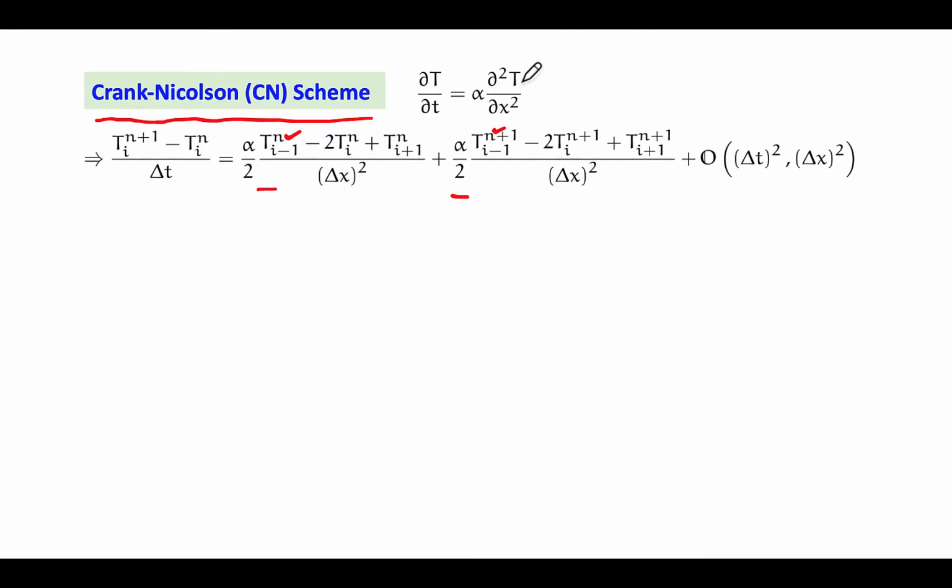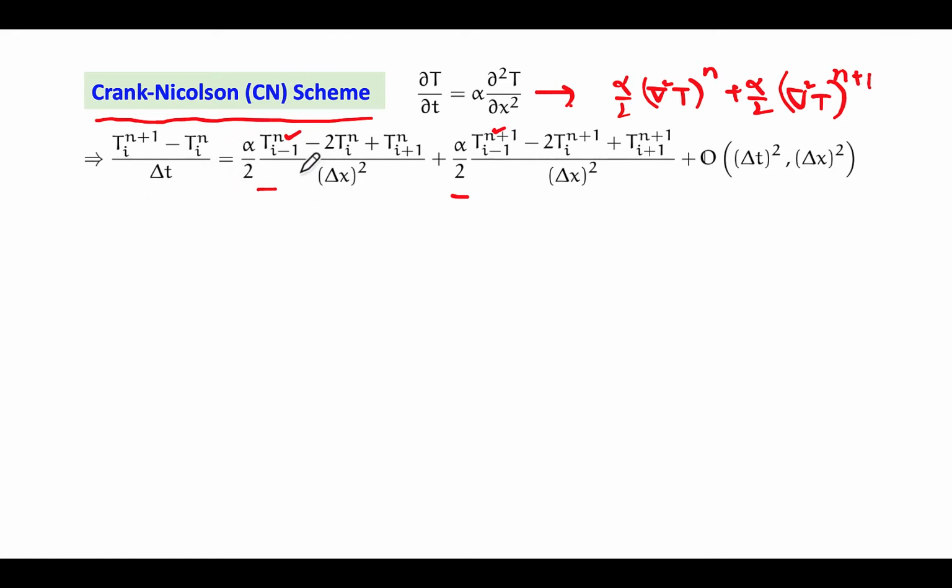So essentially this del 2 T del x2 is taken as alpha by 2 del 2 T del x2 at n plus alpha by 2 del 2 T del x2 at n plus 1.